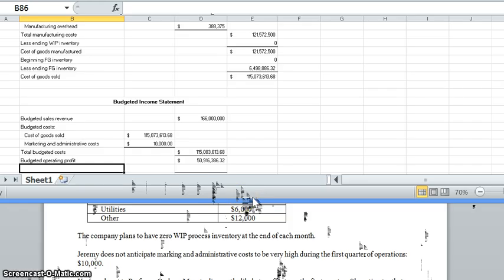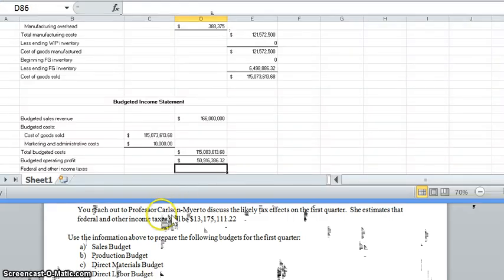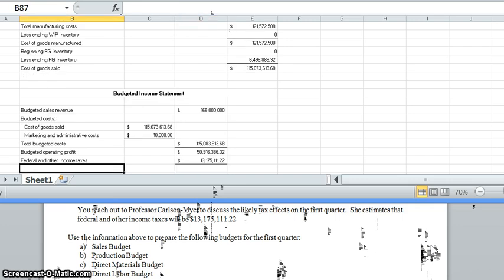And then we're going to have to deal with income taxes. Federal and other income taxes. For our taxes, Professor Carlson Meyer so kindly estimated those taxes for you: $13,175,111.22.